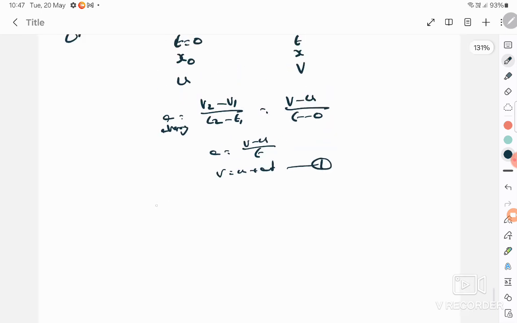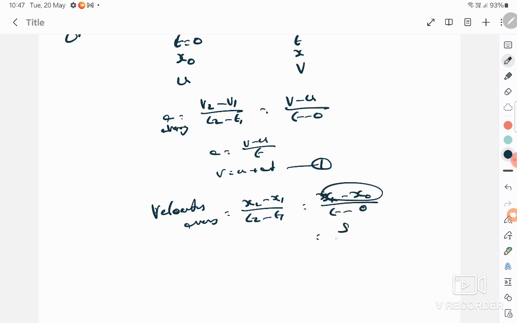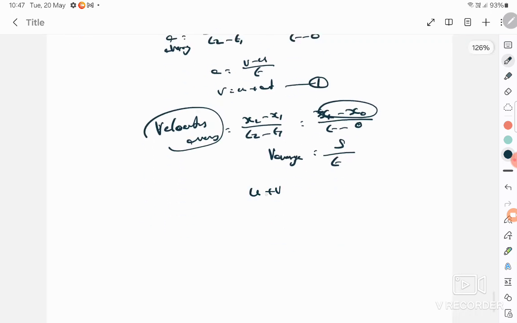The second equation of motion will start with average velocity. Average velocity is change in position x2 minus x1 by t2 minus t1. Here it is x minus x naught by t minus 0 according to the graph that we drew, and this itself is s, change in position, by t. That itself is average velocity, but in mathematics, you know average velocity is u plus v by 2.